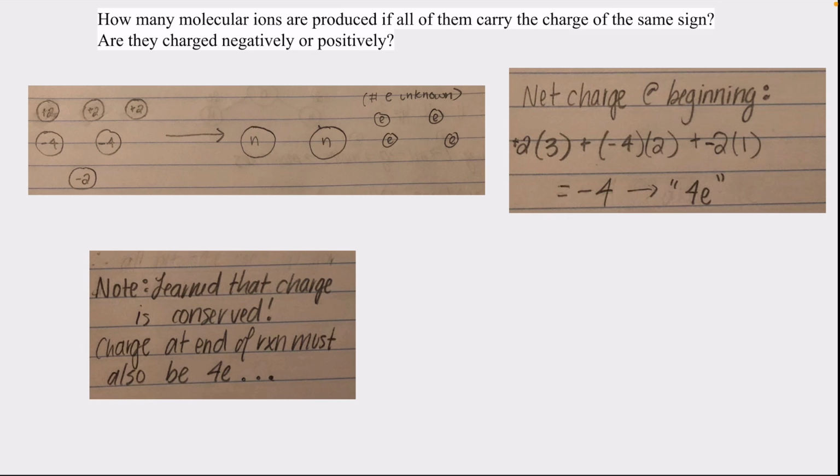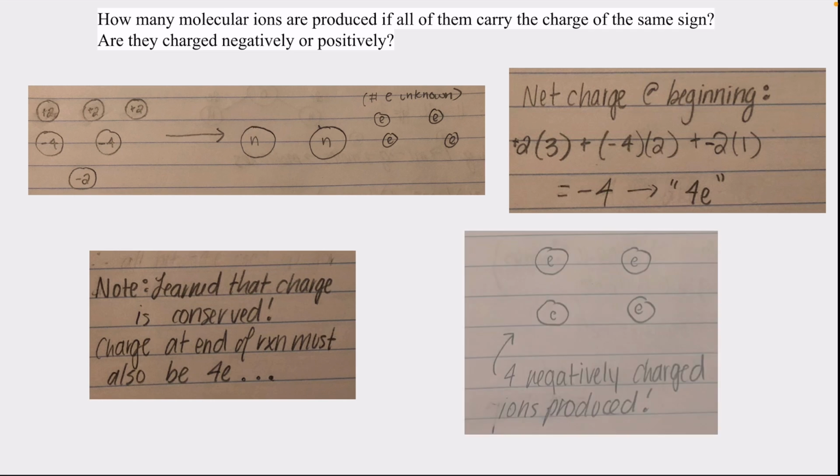So you can see that when you add up all those charges, you get a net charge of negative 4, which we can also write as 4e, since E just indicates an electron, essentially. So with that in mind, we were able to solve that in addition to those 2 neutral molecules, we're going to have 4 negatively charged ions produced.